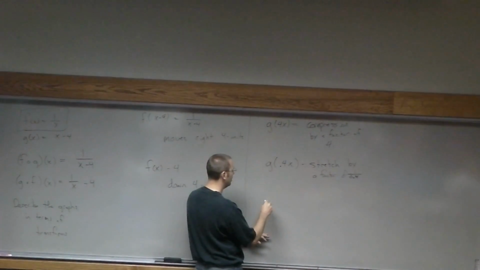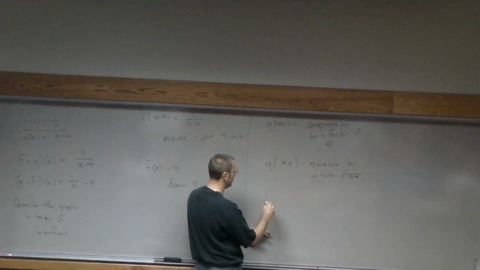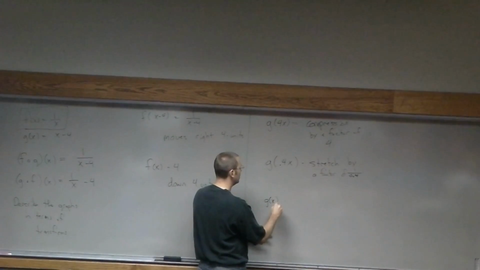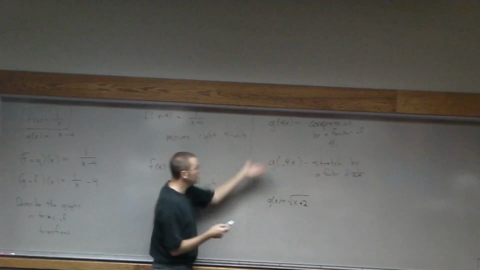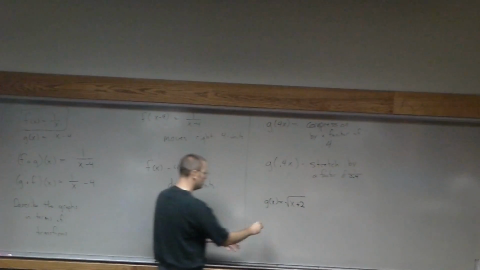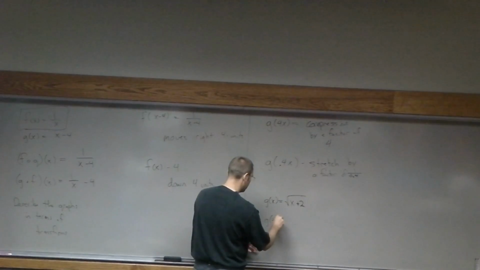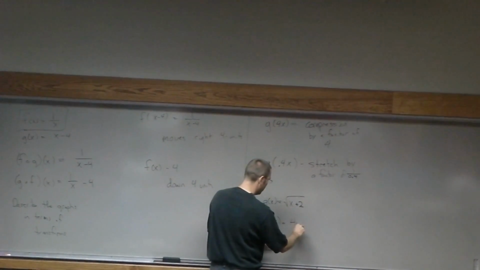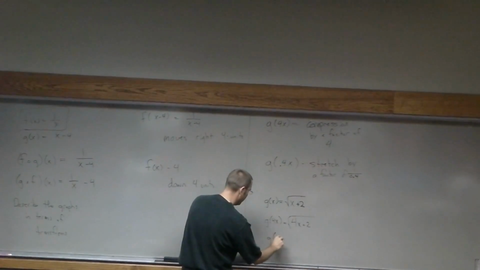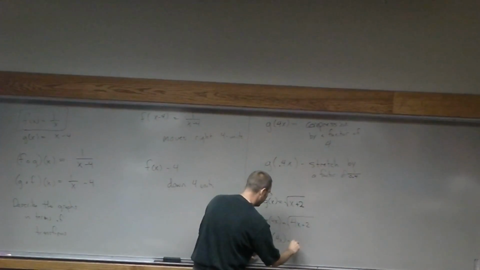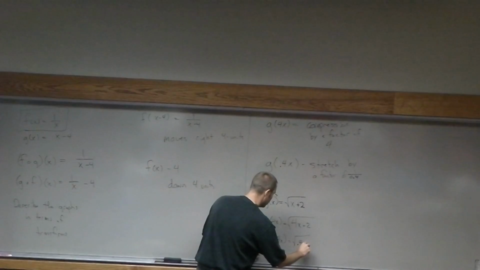If you want to see something maybe not so bad, take a look at, suppose g of x was the square root of x plus 2. Okay? Suppose you look at a function like that, and then you make these corresponding changes. Well, g of 4x would be the square root of 4x plus 2. G of 0.4x, okay, that's the square root of 0.4x plus 2.